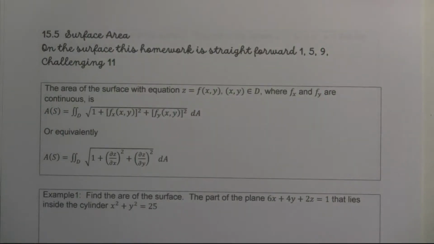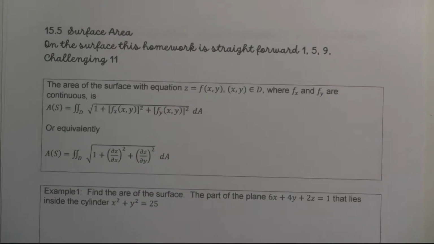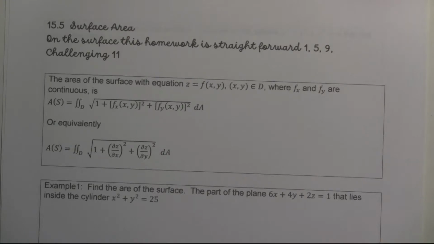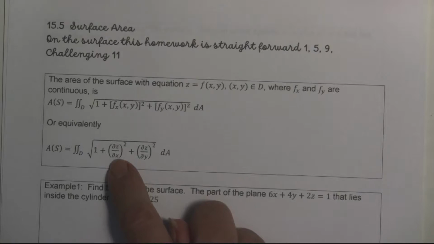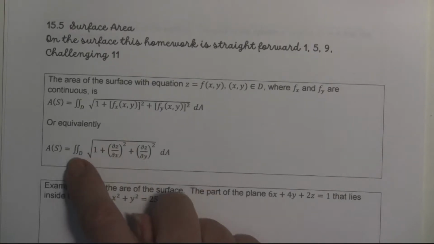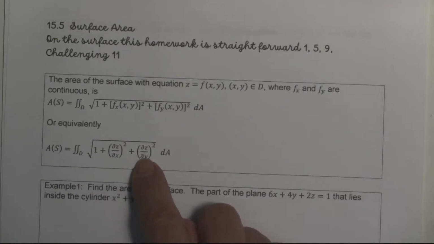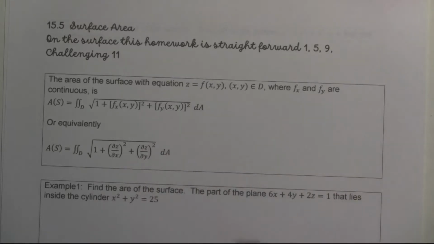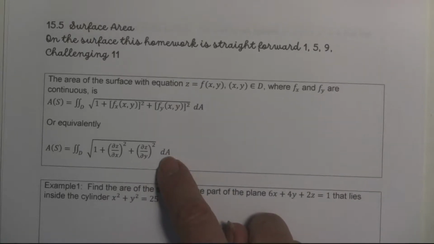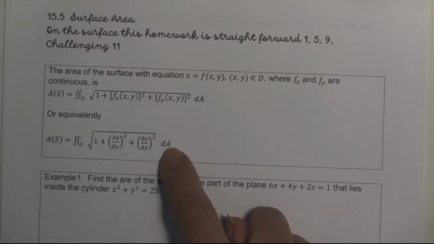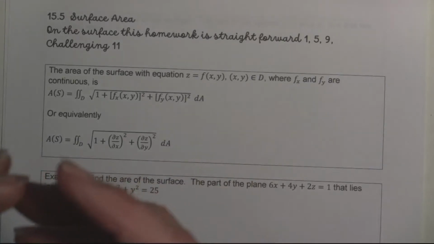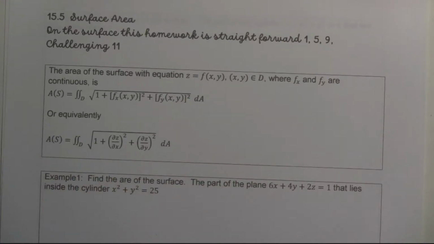They go over the formula in the book a little bit, hand wave it a little bit, but I'm just going to give you the formula and we're going to practice it. It's the double integral of the square root of 1 plus the partial of x squared plus the partial of y squared over whatever domain, whatever area from the bottom up that you're going on.